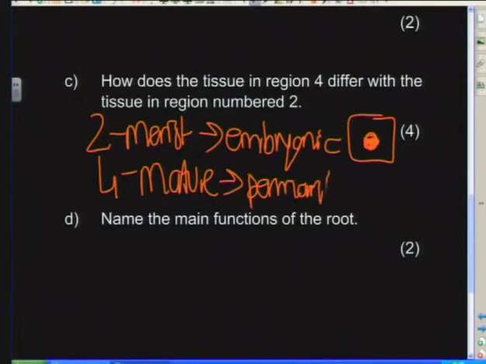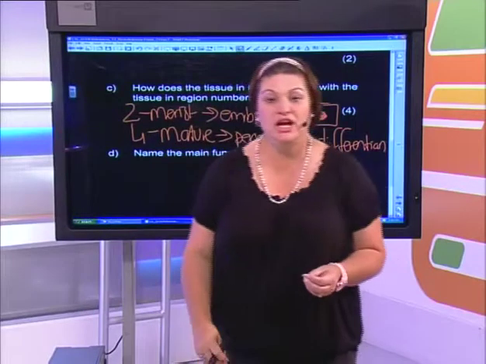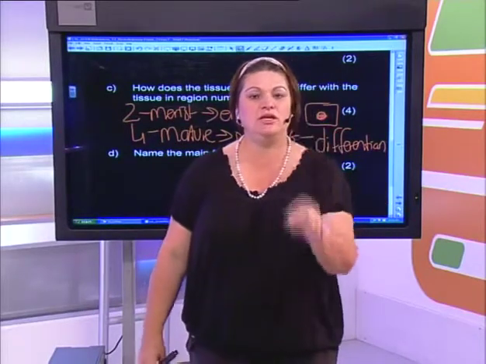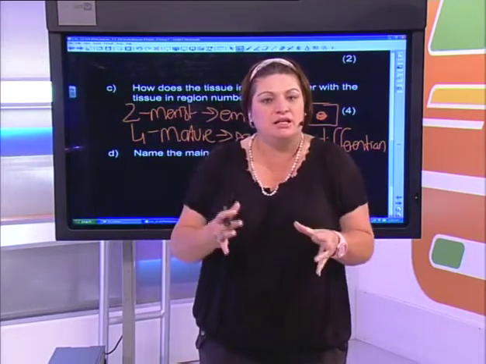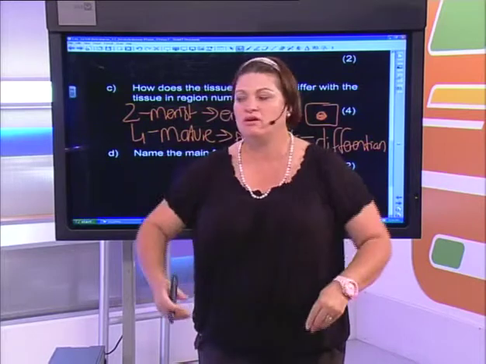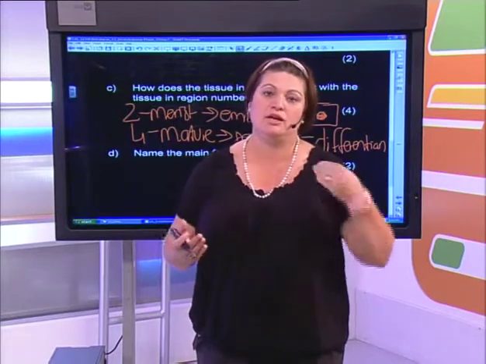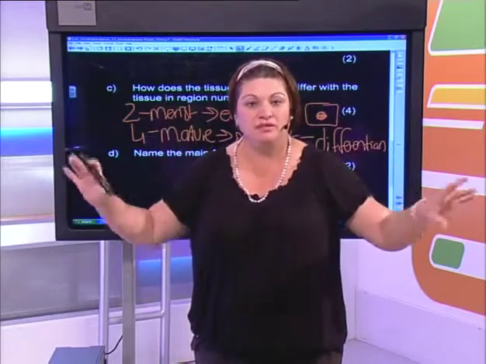And what is permanent tissue? The word I want you to use is differentiation. And what does differentiation mean? It changes into specific cells. So it goes from a cell whose function is to divide to a cell whose main function is quite simply to do specific things.